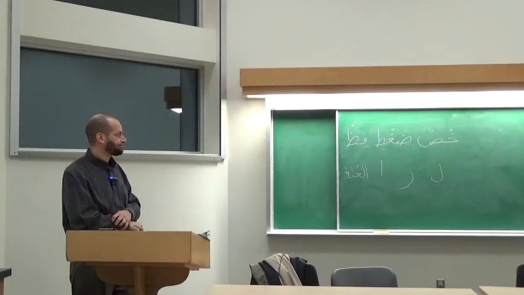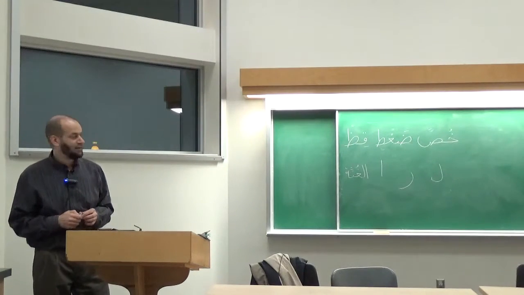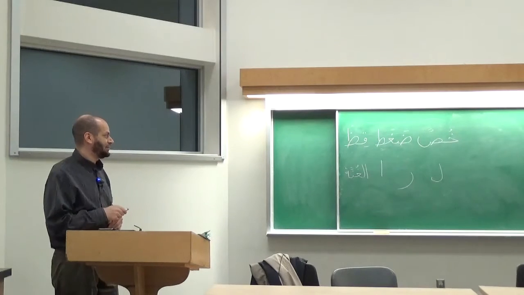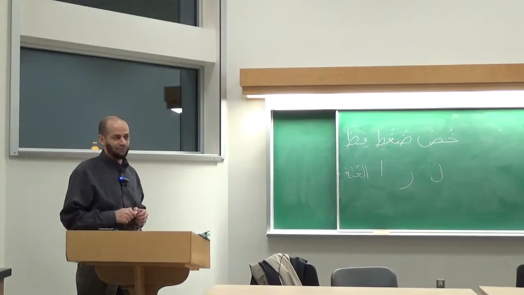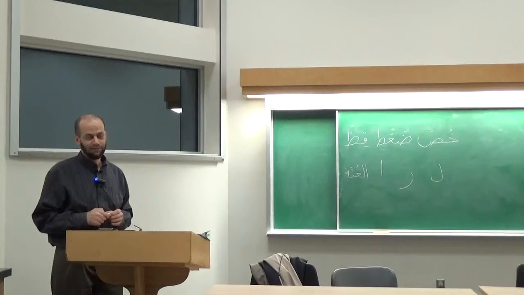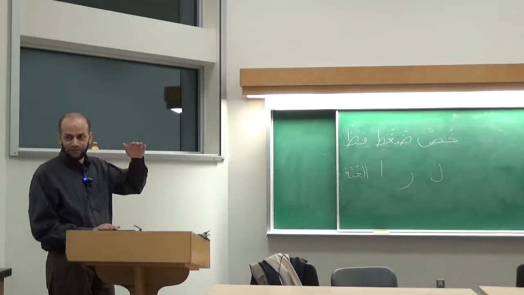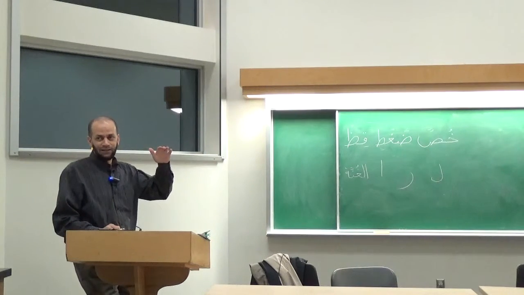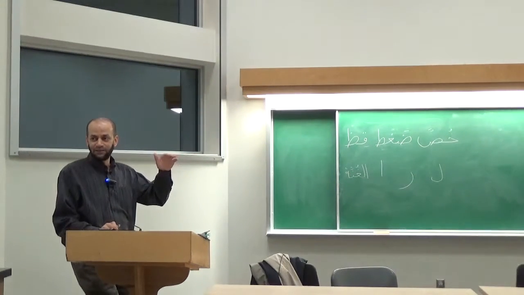So the way it goes, we have the case where the letter has a fatha and an alif after it. This is when it is the strongest. The second case is when it has a fatha and no alif after it.